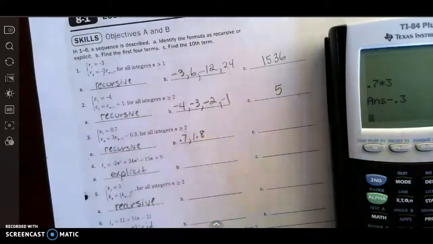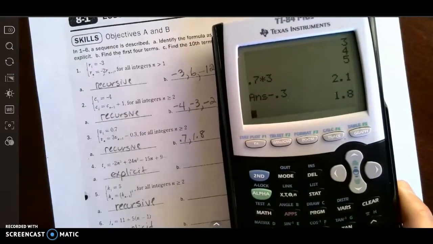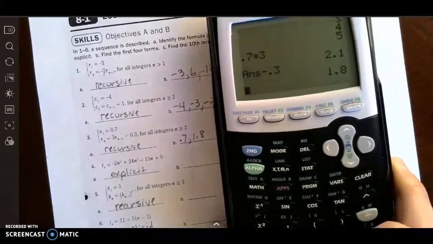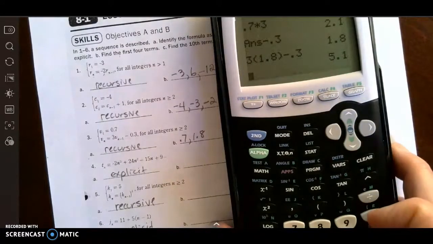Now, because I'm doing 2 operations here, unfortunately I can't just hit enter or establish that pattern. So now I have to take 3 times the previous term, which is 1.8, subtract 0.3, and I get 5.1.